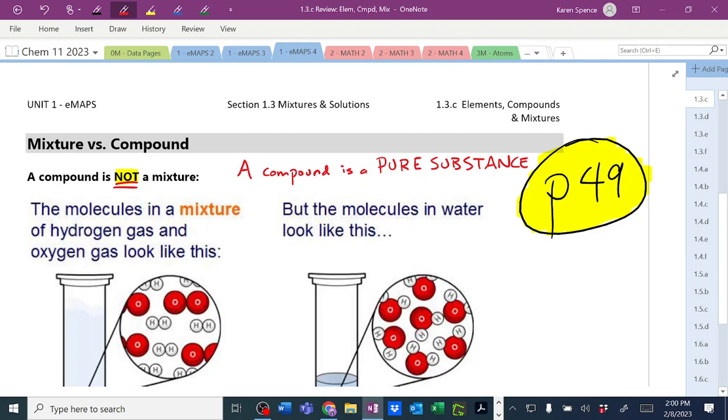And how we know it's a pure substance, in a pure substance, all the particles are the same.